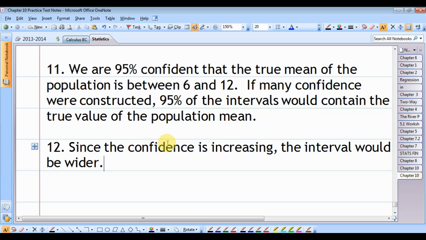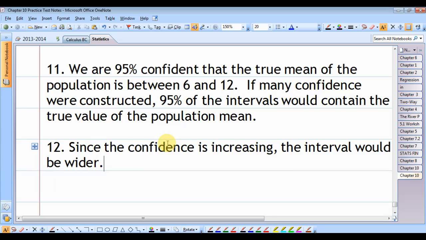Put it in the way that we did it in class. If I wanted to know the mean income of Taft High School's parents, and I wanted to have 100% confidence, I would give an interval between $0 and $2 million. That's a wide interval that has very little risk of me being incorrect, but it also has very little generalization or very little information.